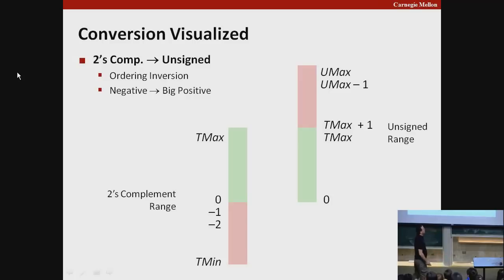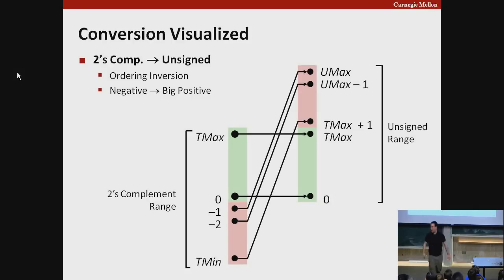So if we look at 2's complement's number line and the unsigned number line, we see that they overlap in a particular range, and then there's this crossover that happens in the higher part of that range, where the most negative number, if you look at it as an unsigned number, is a big unsigned number, right?